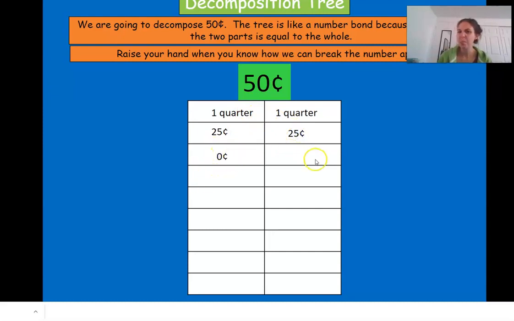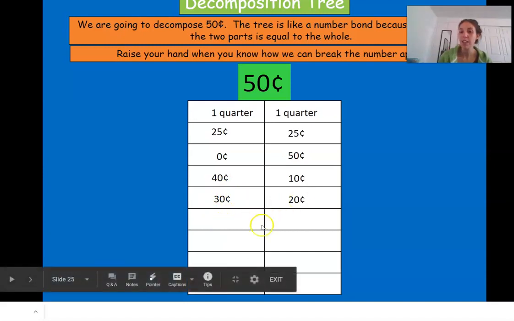If we have 0, how many more cents would we need here to equal 50? 50 cents, very good. If we have 40 cents, how much more do we need to get to 50? 10. What about if we have 30 cents? How many more do we need? 20 cents. 30 plus 20 equals 50.